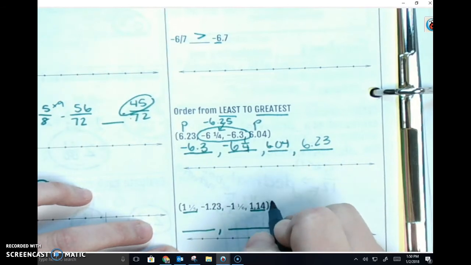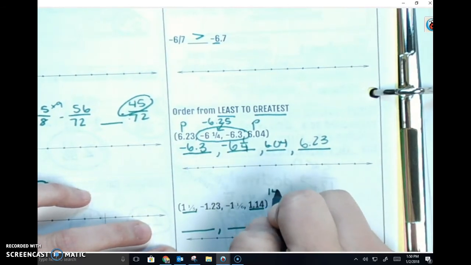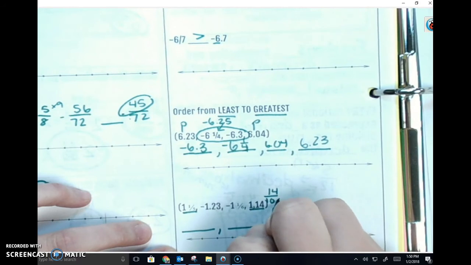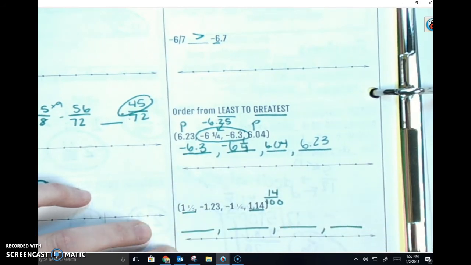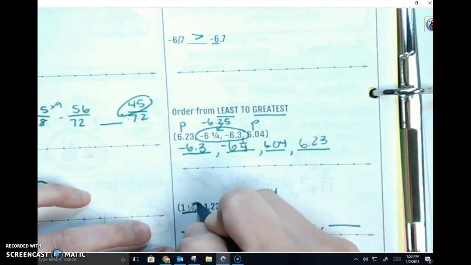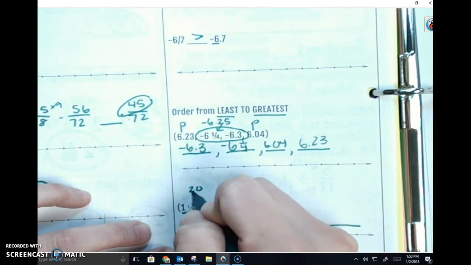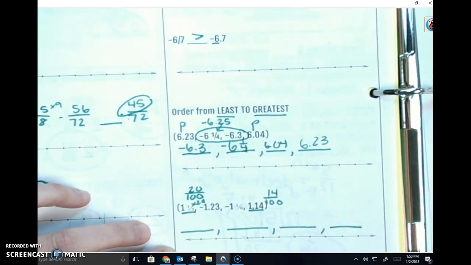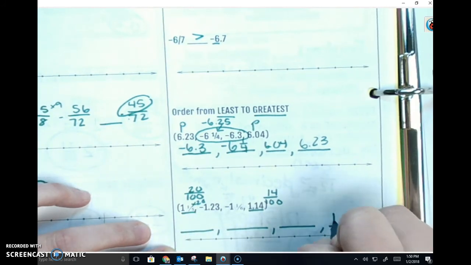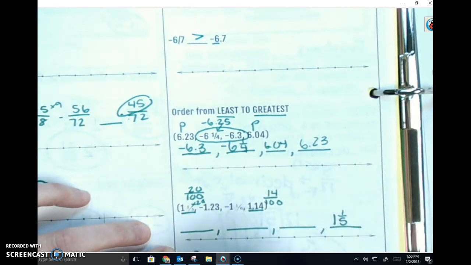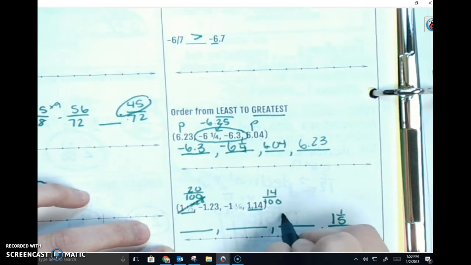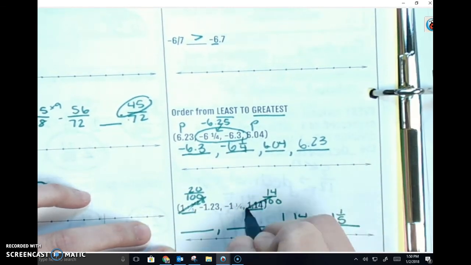So 1.14, the 4 is in the 100 spot, so that's 14 over 100. And I'm going to change 1/5 into 100 by multiplying by 20. So I have 20 over 100. And so this number is actually larger because it's 20. So 1 1/5 is the largest number. I'm going to cross that off. Then we go into 1.14. Then we'll cross that off.